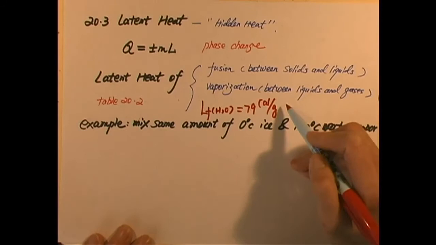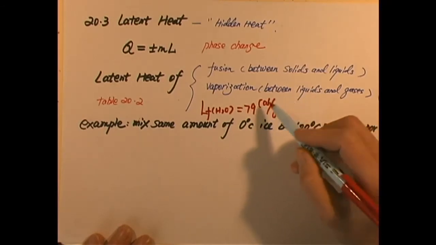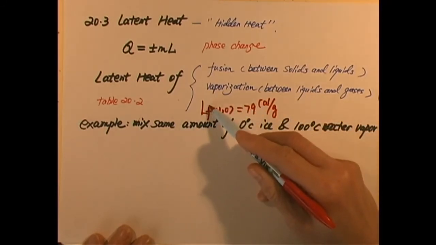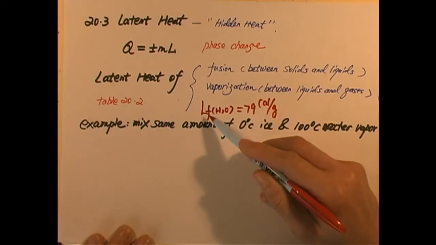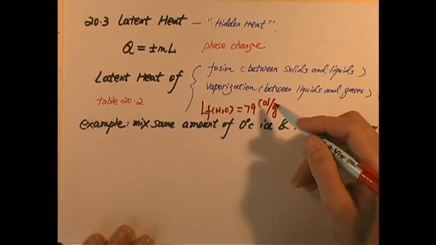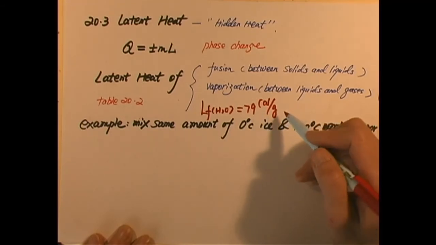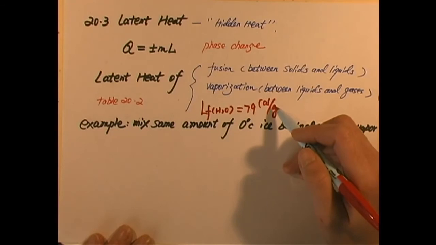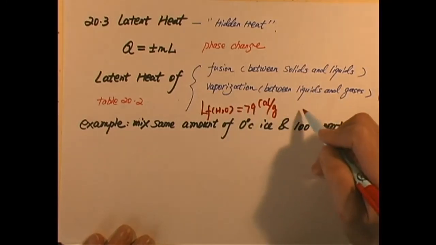Every gram of 0 degrees ice, be careful about that, because in order to let ice melt, ice has to reach the melting point. At normal pressure, which is 1 atm, the melting point is 0 degrees Celsius. When 0 degrees ice starts to melt, 1 gram of it needs 79 calories of heat. That's called latent heat of fusion, H2O.